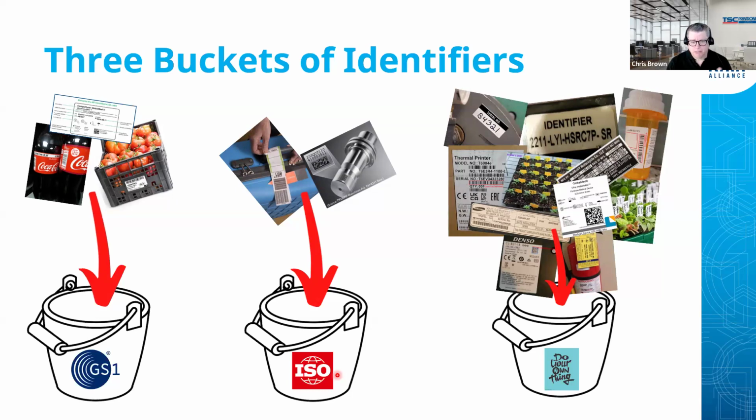So there's the GS1 bucket, the ISO bucket, and then over on the right, we have the preponderance of identifiers that are floating around out there in the world. And those are proprietary identifiers. Back to our printer box label and our printer serial number. I don't know, 20, 30 years ago, we determined that, hey, it's a good idea to uniquely identify each and every printer.